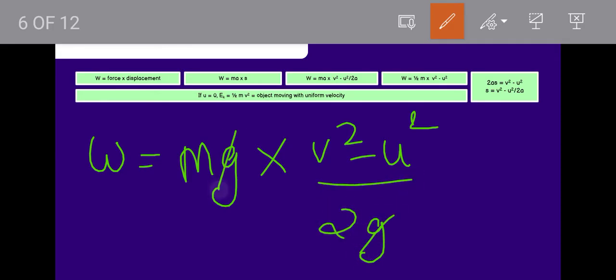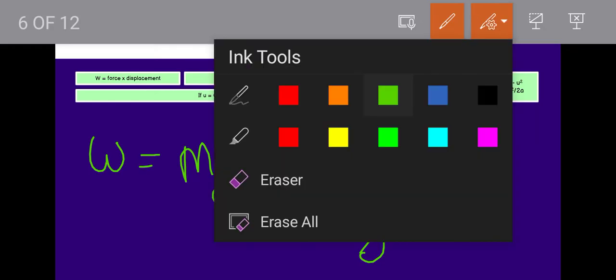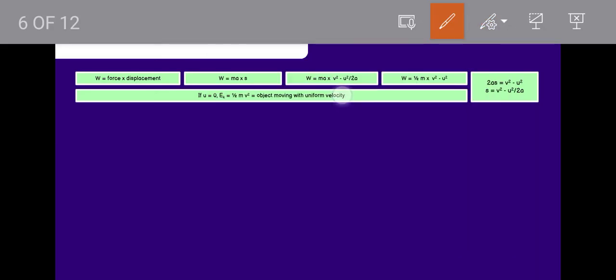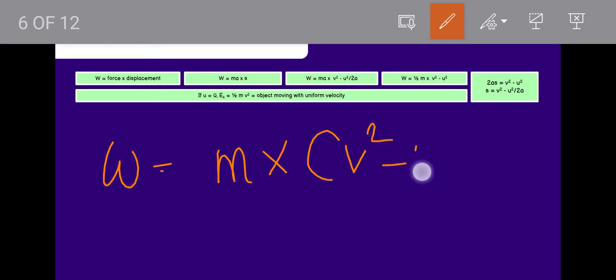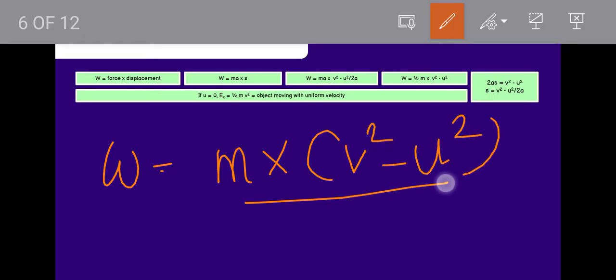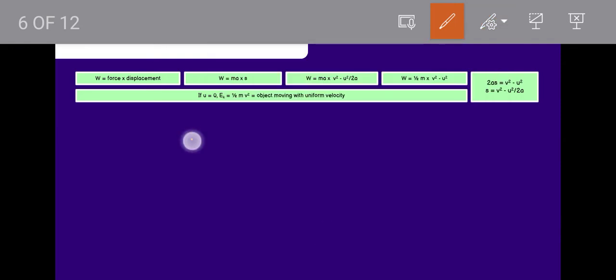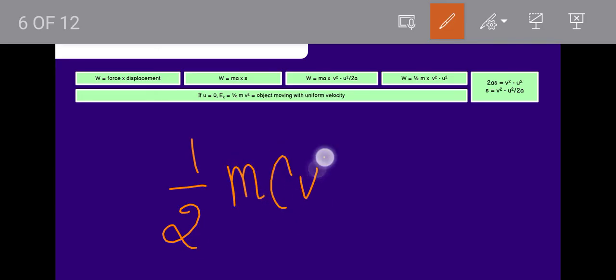G and g will get cancelled and I'll have the formula for work as mass into in bracket v square minus u square whole divided by 2, or I can simply write as 1 by 2 into m in bracket v square minus u square.